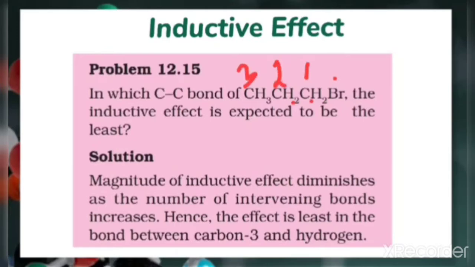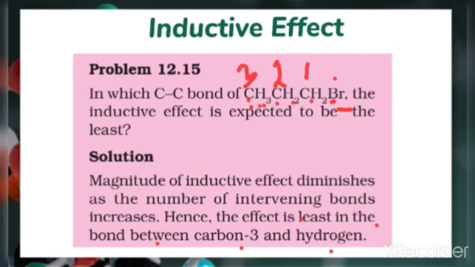So when we move back, the carbon which is away from the electronegative element will have the least positive charge. So we can say that the effect will be least in the bond between the third carbon and hydrogen, because it will be quite distant from this Br. That is the answer for this one.